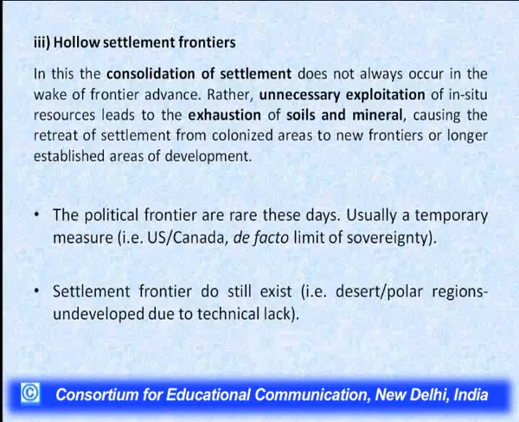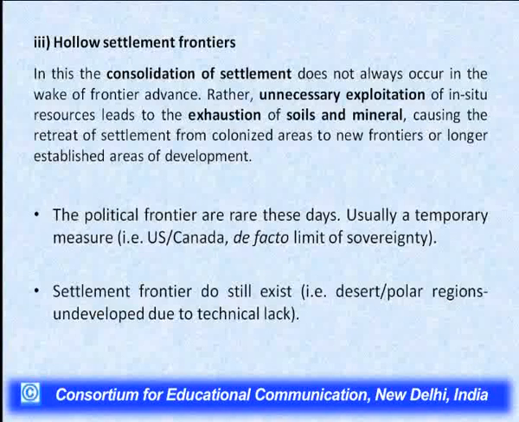The third one is hollow settlement frontiers. A hollow settlement frontier is when a particular state or settlement consolidates and tries to gain unnecessary exploitation of the resources, like exhaustion of different kinds of resources and minerals in that particular territory.